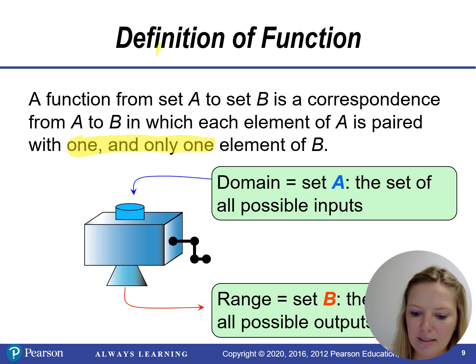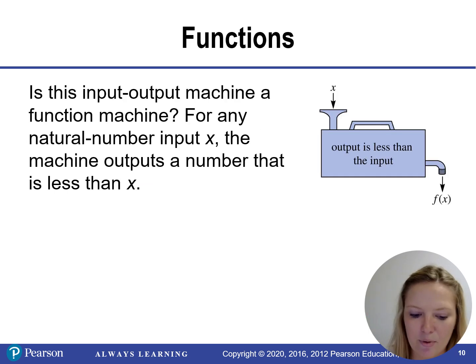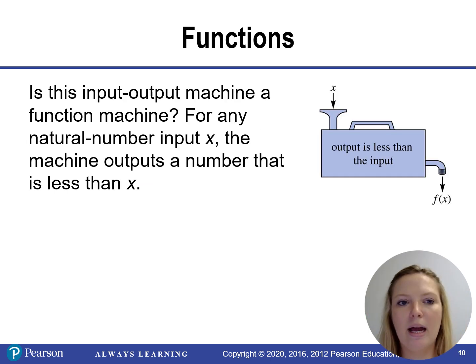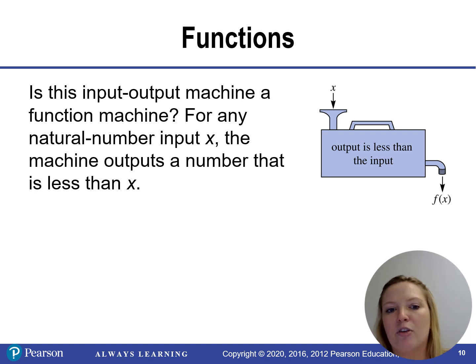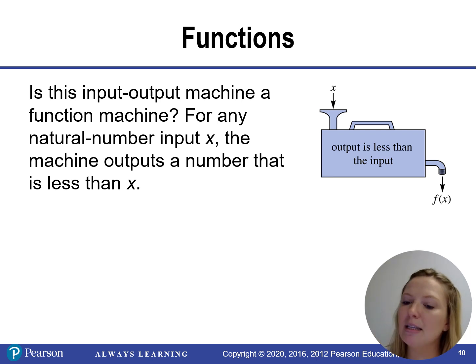If we look at an example, a potential function whose rule is, for any natural number x, the machine outputs a number that's less than x. We have to figure out, is this a function or not? In other words, does every input yield exactly one output?